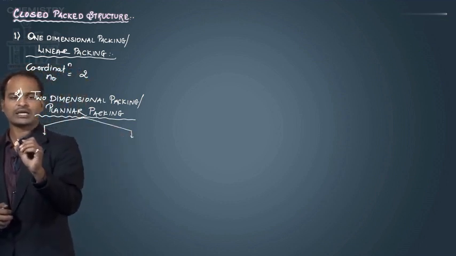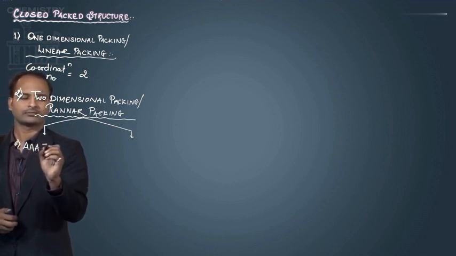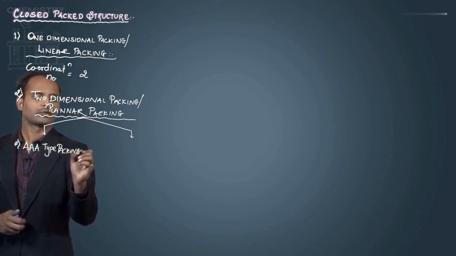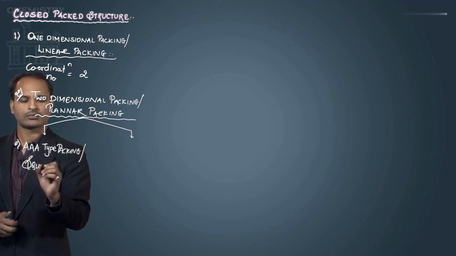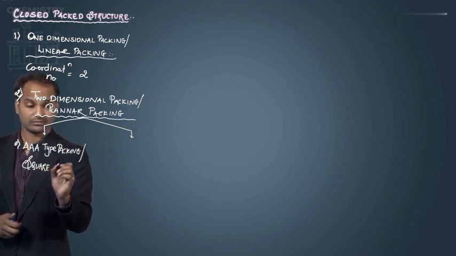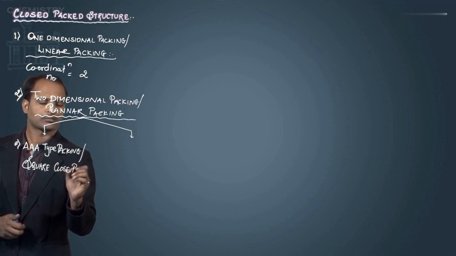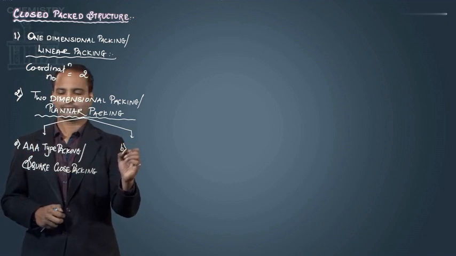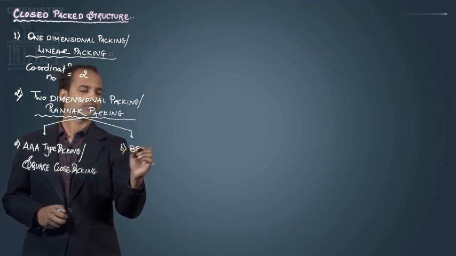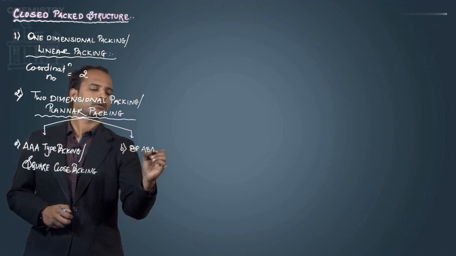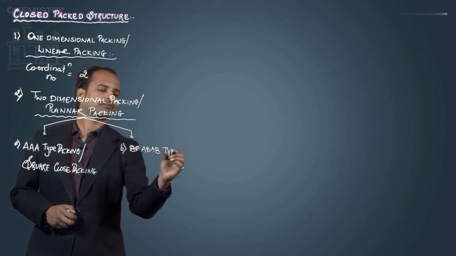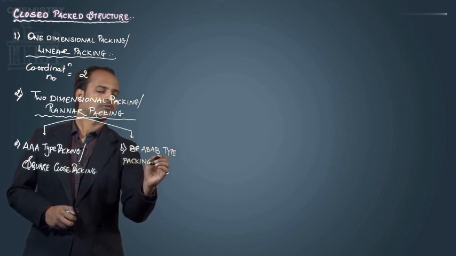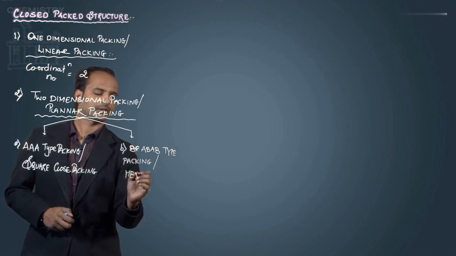The one is known as AAA type packing, which is also known as square close packing. The second one is AB type packing, which is also known as hexagonal close packing.